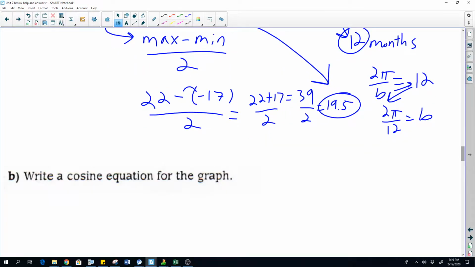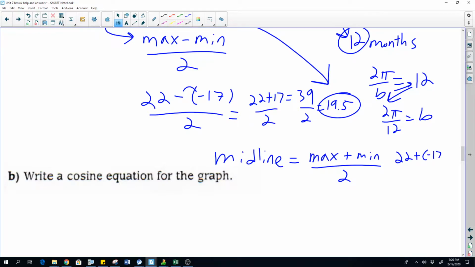Now write the cosine equation. In order to do that, we need the formula for the midline, which is slightly different than the amplitude. Instead of maximum minus the minimum, do you remember? It's max plus the minimum divided by 2. So it's 22 plus a negative 17 divided by 2.